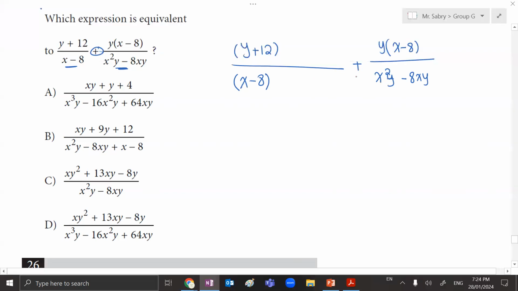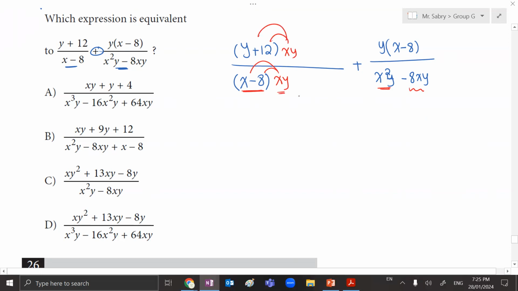Now I should check how can I make them similar to each other, and if you look very carefully and closely you'll figure out that if I multiplied this by xy and distributed, I'd have this, because x times x will be x squared y, and negative 8 times xy will give me this. So because I multiplied xy in the denominator, I must multiply on top as well, and I'll distribute as well.